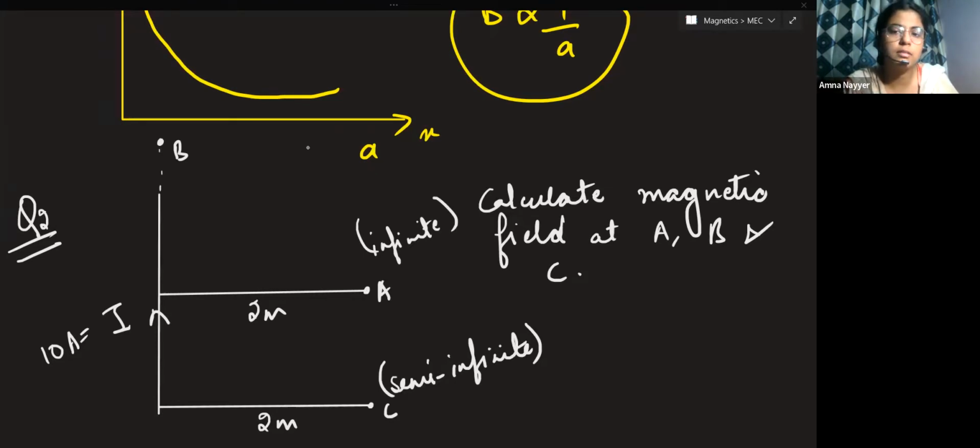Others also try. And direction also. Direction means this is the wire, curl your fingers towards the point, and the thumb will give you the direction. You can answer in any way, outwards, inwards, i cap, k cap, j cap, whatever you wish. But others also should try.